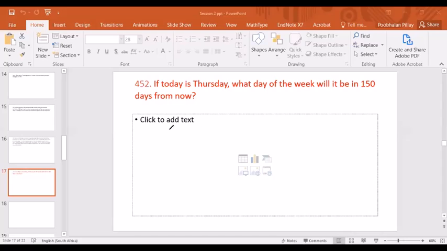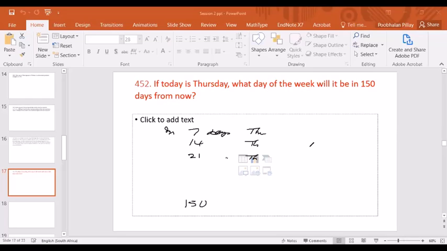In 7 days' time, it'll be Thursday again. And in 14 days' time, it'll be Thursday. So you have to look at the multiples of 7, and you're going up to 150. So you want to get to 150 as close as possible. You're looking for a multiple of 7 which is very near 150.